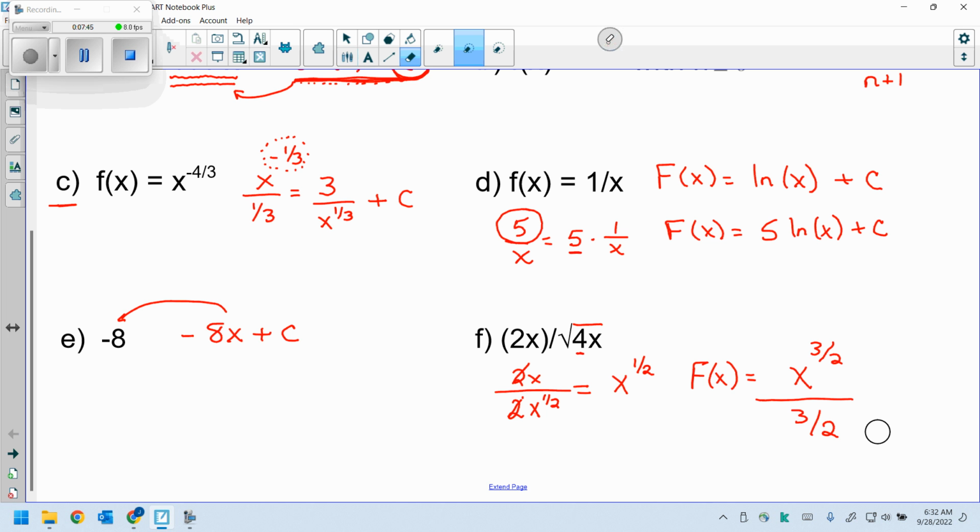Instead of dividing by 3/2, I would multiply by its reciprocal of 2/3. Really drew that poorly.